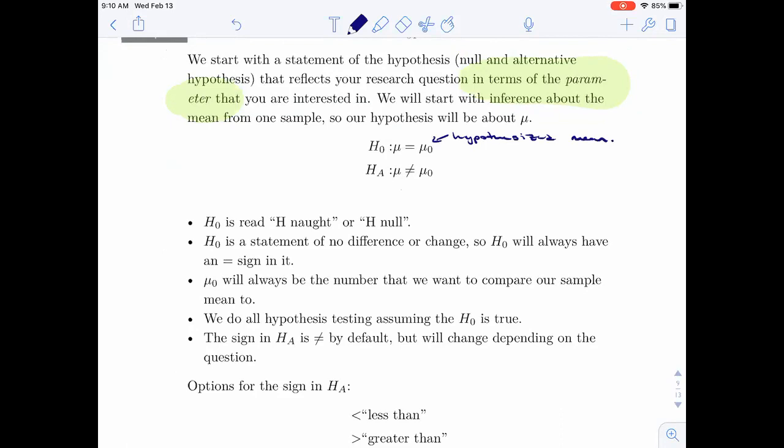If you have a look through your formula sheet, section 4.2, you've got your hypothesis test about mu, and then 5.1, again, the hypothesis actually stays the same. So nothing really changes between 4.2 and 5.1. And then 5.2, it changes slightly. I'm talking about mu diff, but your null and alternative hypothesis for the first little bit is always just going to be that mu is equal to this number.